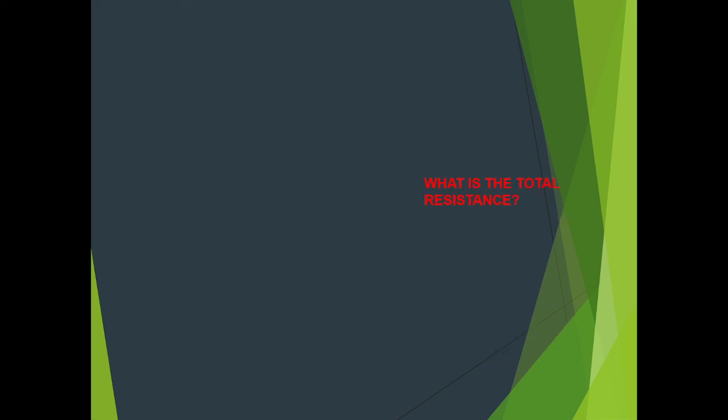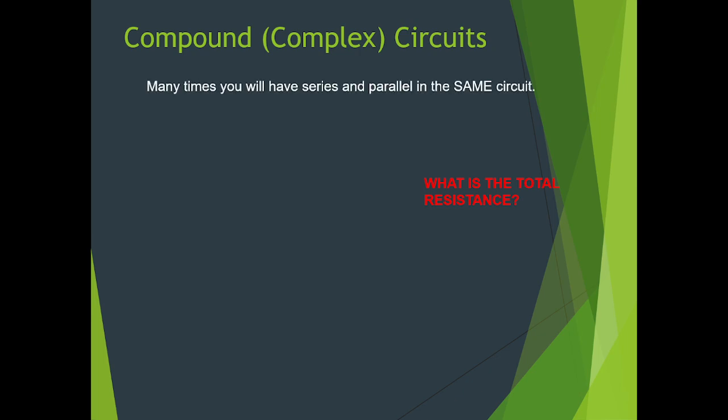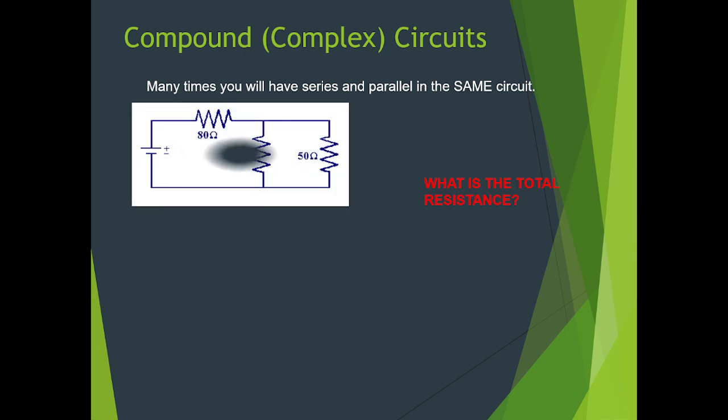We can also combine series and parallel circuits to make a compound, otherwise known as a complex circuit. Many times you will have series and parallel in the same circuit. See the example below. Solve this type of circuit from the inside out. What is the total resistance?